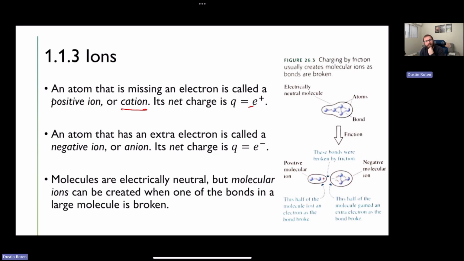But if it's just missing one, then its charge is plus E. An atom that has an extra electron is called a negative ion or an anion. And its charge, of course, since that one electron is going to prevail, is going to be negative E.